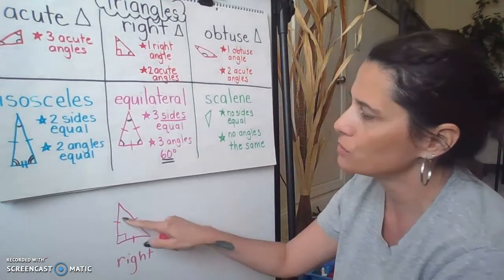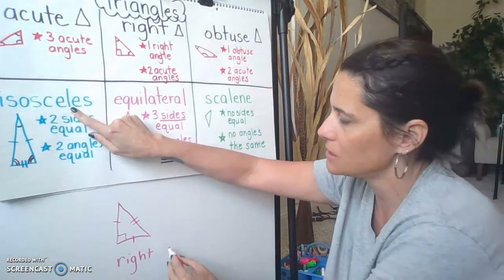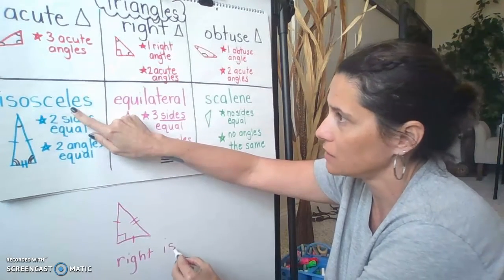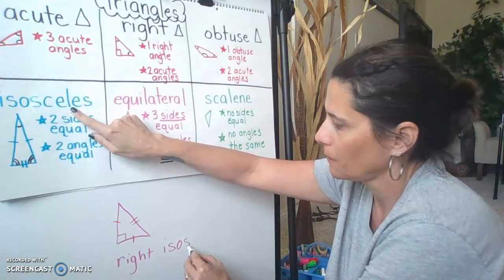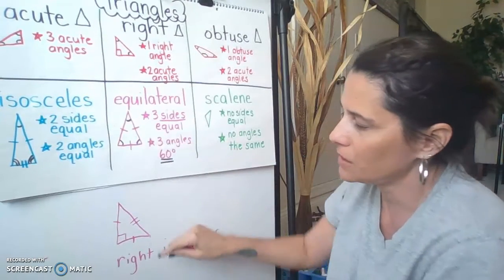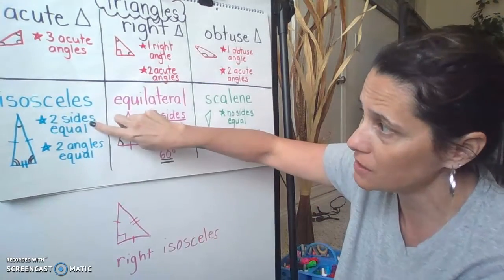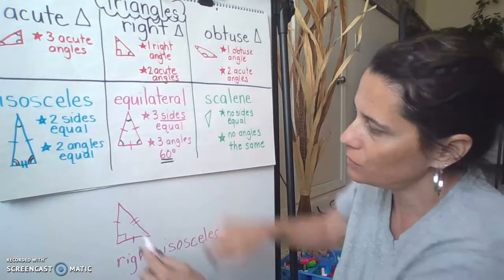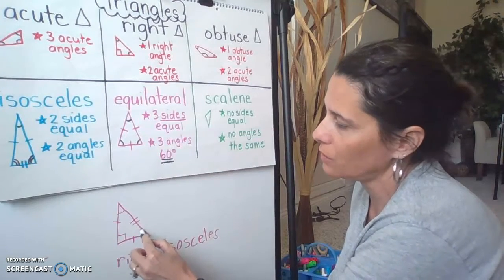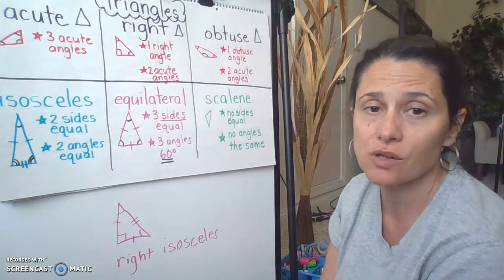So that means 2 sides are the same, 1's not, so that means it's a right isosceles triangle. Because with it, we know the right, we're pretty good at that. But since we have 2 sides that are equal, that means these 2 angles are equal, that means that that's an isosceles triangle.